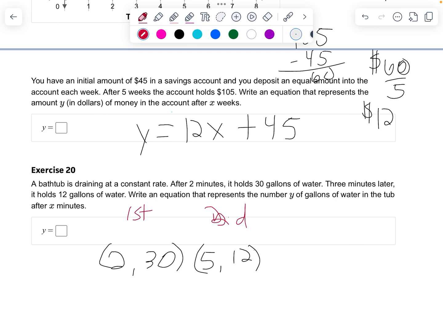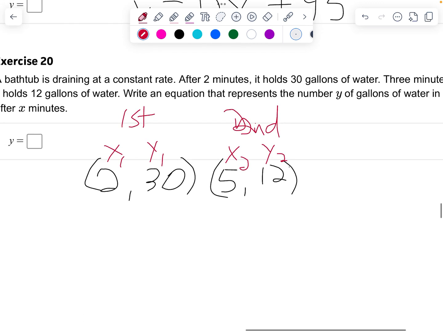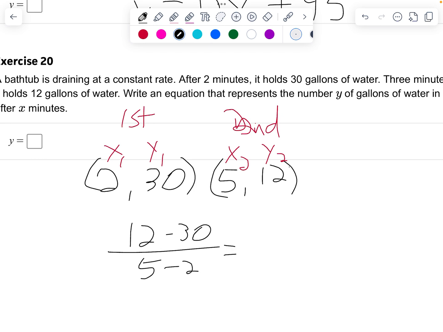So this is my second X, second Y, first X, first Y. We're going to subtract to find the slope. It's going to be 12 minus 30 over 5 minus 2. 12 minus 30 is negative 18. 5 minus 2 is 3. Divide that out, you get negative 6.